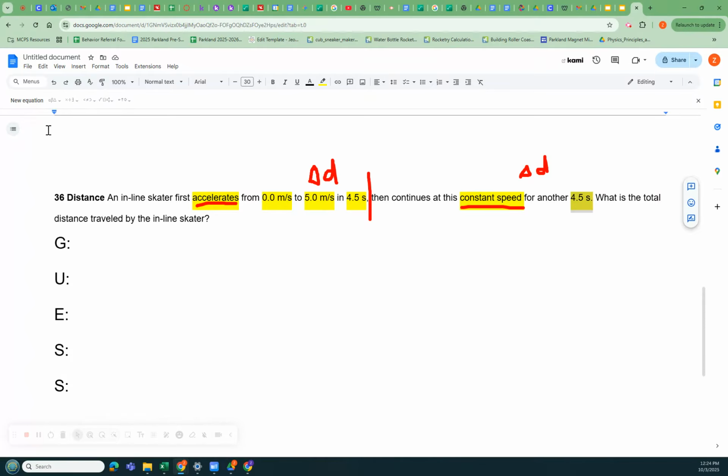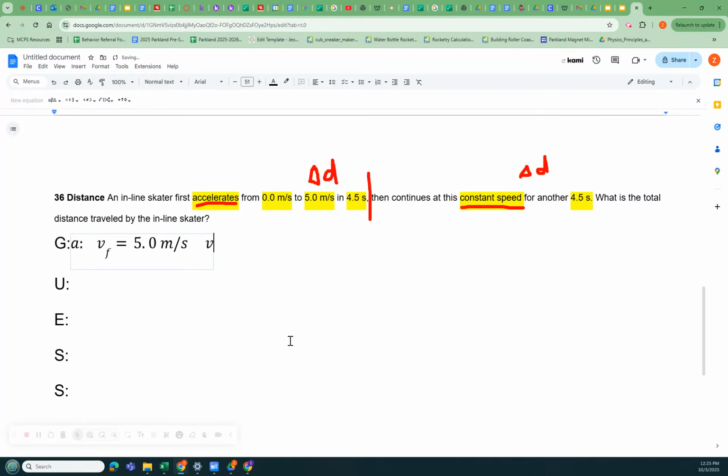We're going to identify our givens again. So I'm going to do this in two parts. For the acceleration portion, we've got a VF equals 5 meters per second.